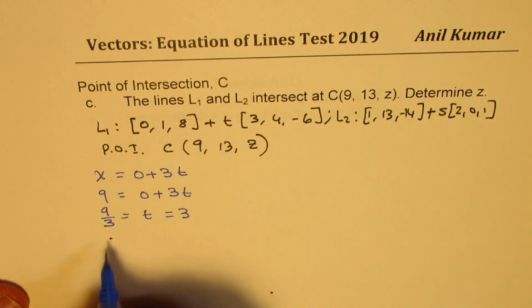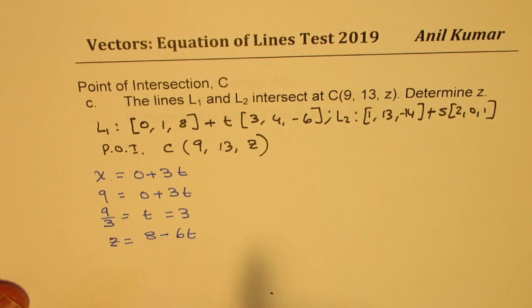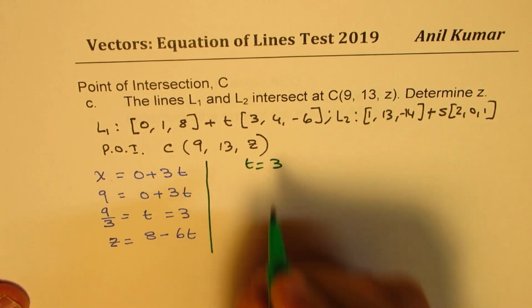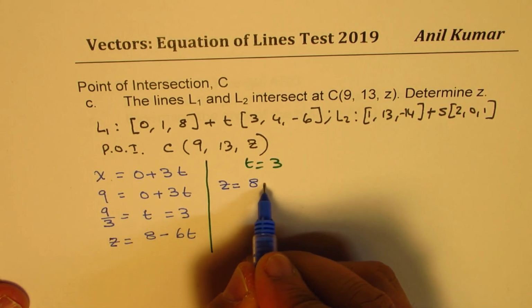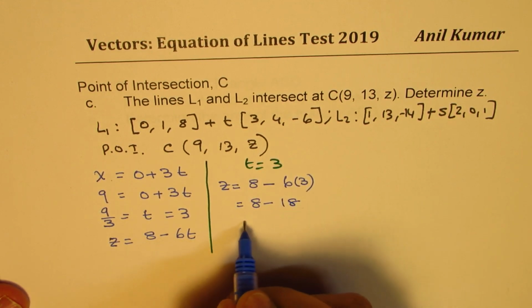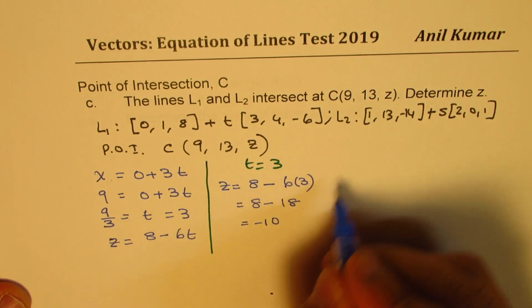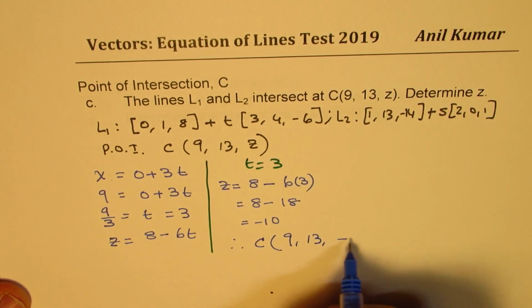For z, we have 8 minus 6t. With t equals 3, z equals 8 minus 6 times 3, so 8 minus 18, which is minus 10. So z is minus 10, and therefore point C is 9, 13 and minus 10.